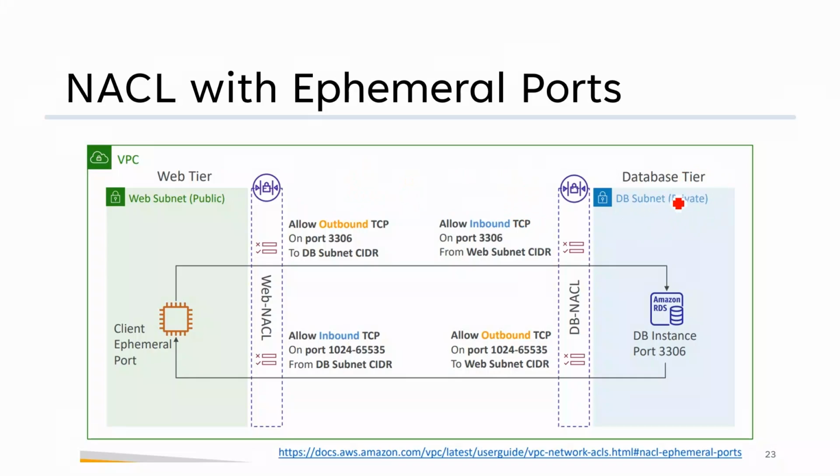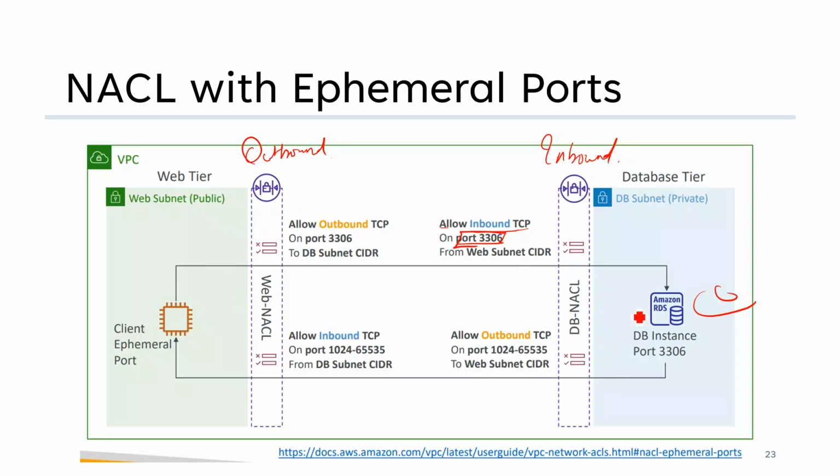Similarly, the database tier should allow inbound TCP on port 3306 for this particular DB instance. So this NACL should have an inbound rule over here. I hope that makes sense. Now the database will send some response back to the client, which is the web tier.